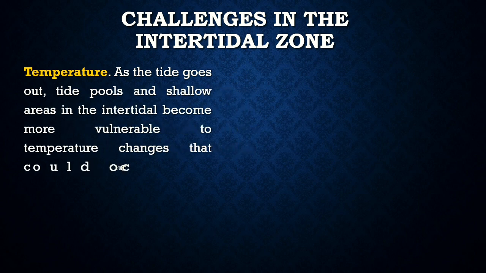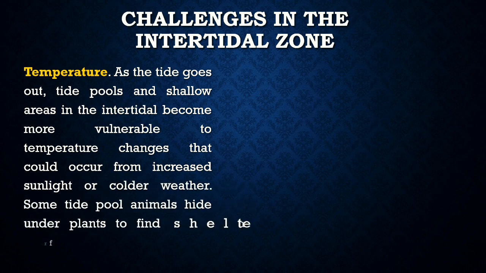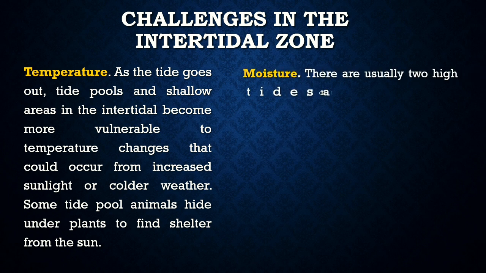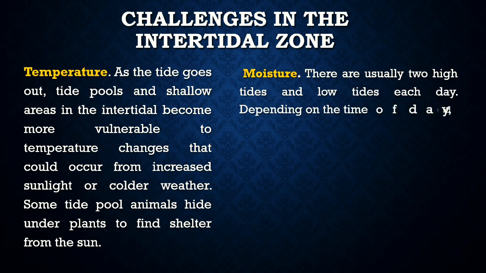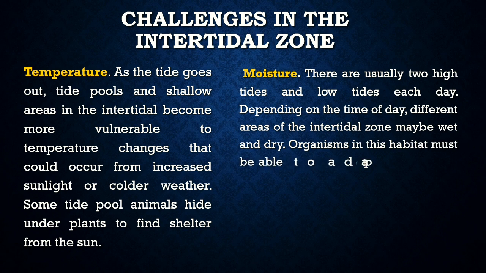As the tide goes out, tide pools and shallow areas in the intertidal become more vulnerable to temperature changes that could occur from increased sunlight or colder weather. Some tide pool animals hide under plants to find shelter from the sun. The second is moisture. There are usually 2 high tides and low tides each day.